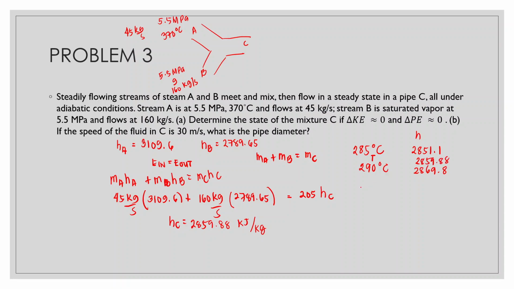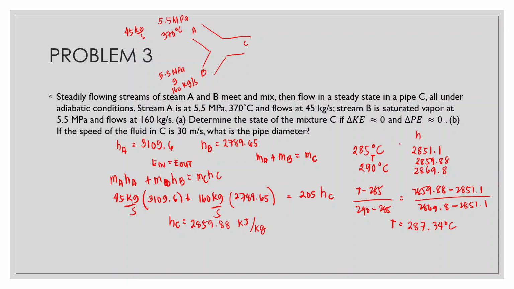So, pag nag-interpolate tayo, T minus 285 over 290 minus 285 is equal to 2859.88 minus 2851.1 over 2869.8 minus 2851.1. Ang temperature na lalabas natin ay 287.34. Okay? Ito yung temperature niya.